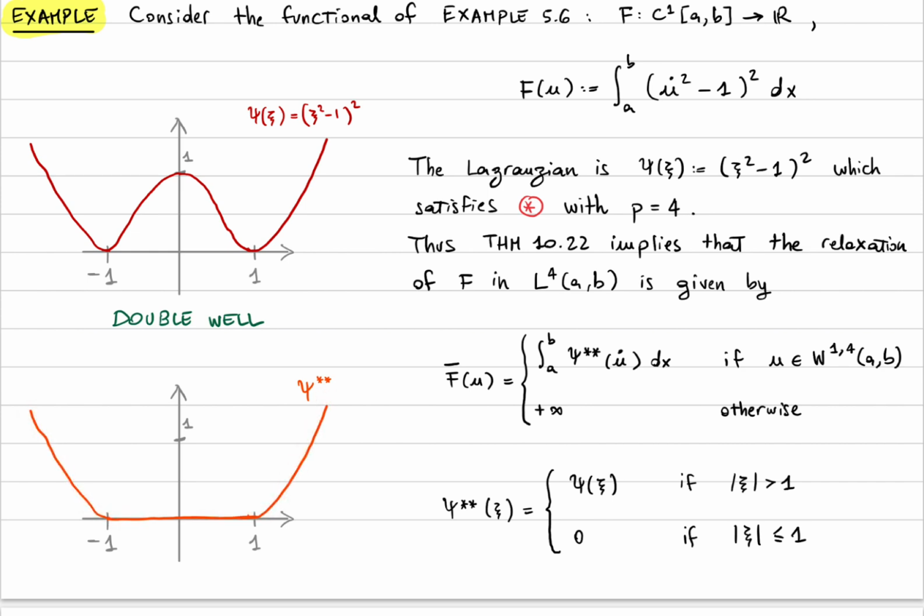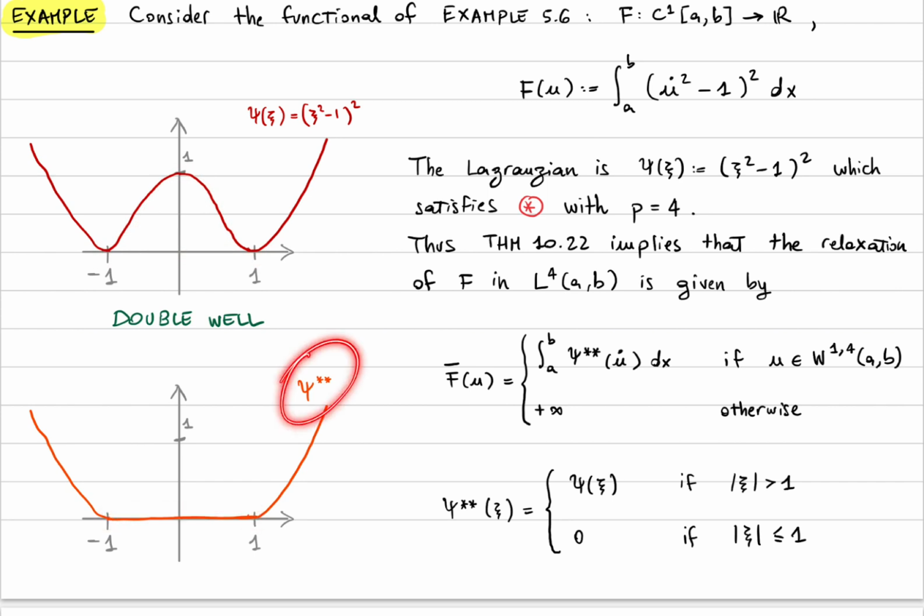As you can see, in the region where the double well is convex, so this region here and this region here, the relaxation is just the same as the original function, the convex relaxation, sorry. And instead in this region where you have non-convexity, you just replace this by the horizontal segment from -1 to 1, which is what I drew here.